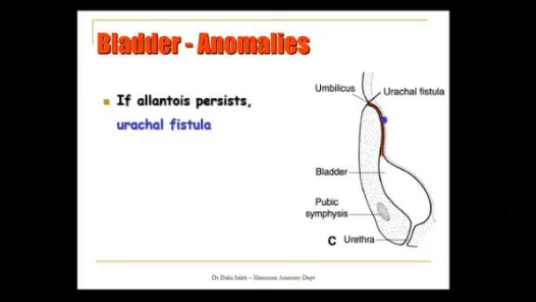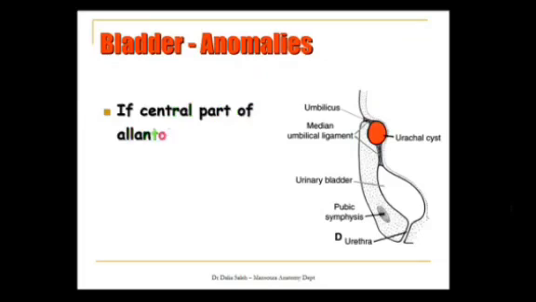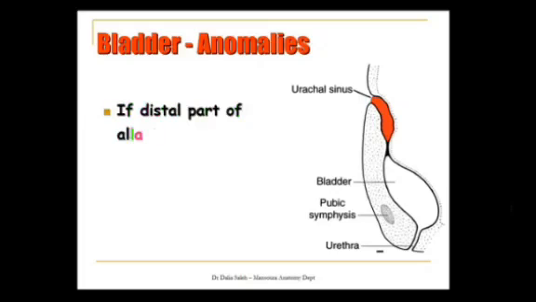Or if the central part of the allantois persists and the two ends, proximal and distal, obliterate, we will end up with what is called urachal cyst. If the distal part of the allantois persists while the proximal end obliterates, we will end up with what is called urachal sinus.